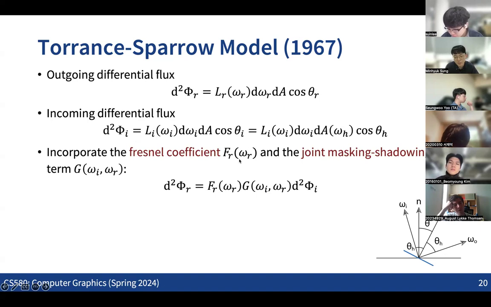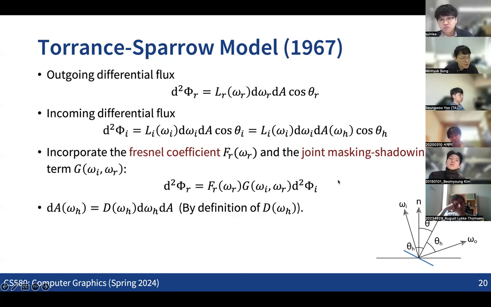We also have another portion of the light which will be refracted, transmitted inside the material, right? And we are also incorporating the joint masking and shadowing term here as well. So now we can see that the relationship between the outgoing differential flux and the incoming differential flux can be represented like this by incorporating both the Fresnel coefficient and the joint masking-shadowing term, right?